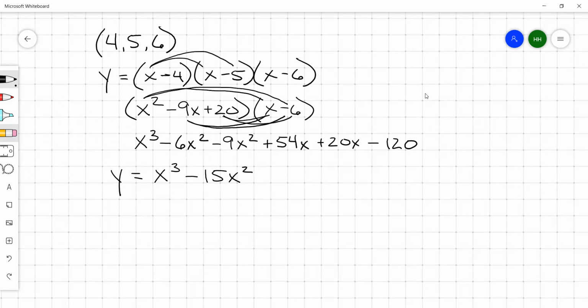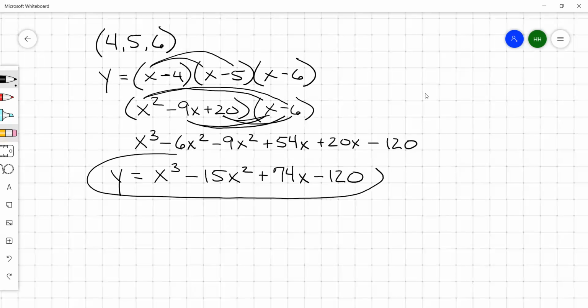We got a +54x and a +20x. So that's +74x. And then the -120. So there's your function in standard form given these three zeros.